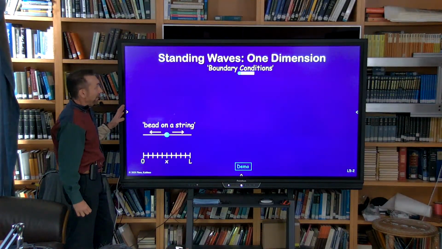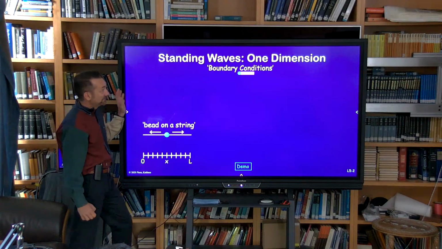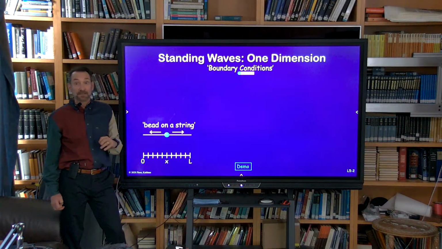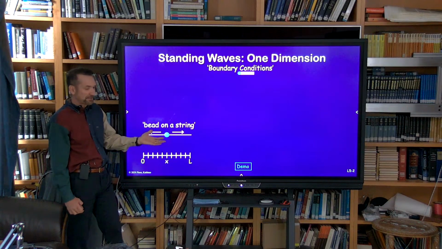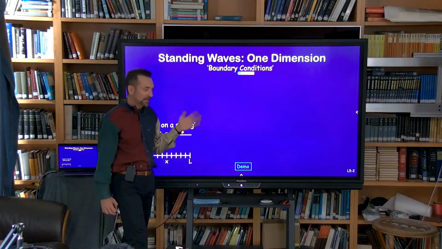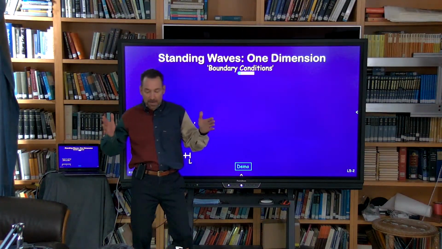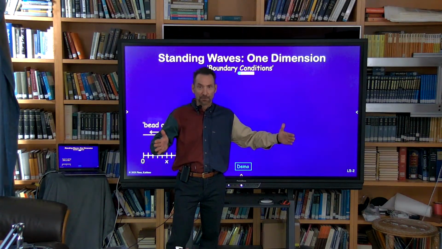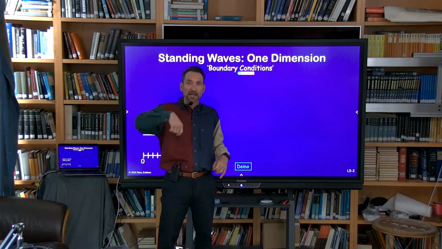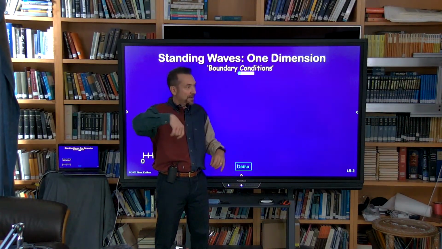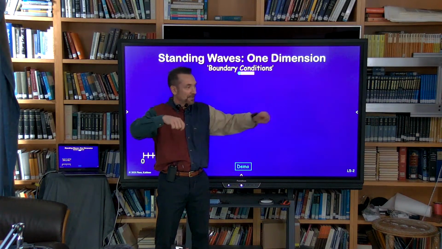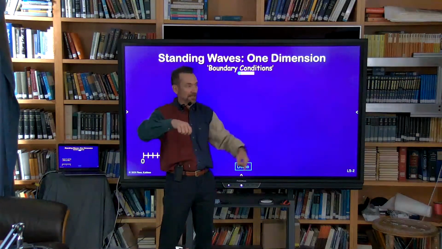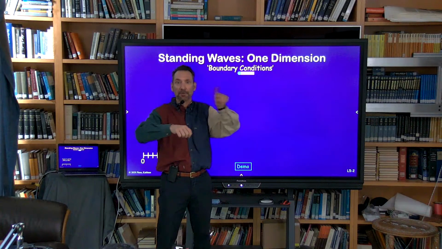So how do standing waves then apply to what we've been talking about? Well, first, how do you get a standing wave? You get a standing wave when you put boundaries on your waveform. So if I'm shaking the string up and down, I can get a wave to travel, but how do I get it to just stand and sit there and not move?